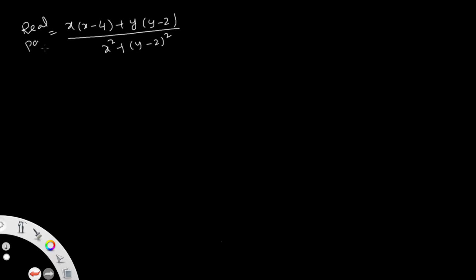And the remaining term is the imaginary part, which is (xy minus (x minus 4) into (y minus 2)) divided by x square plus (y minus 2) whole square.